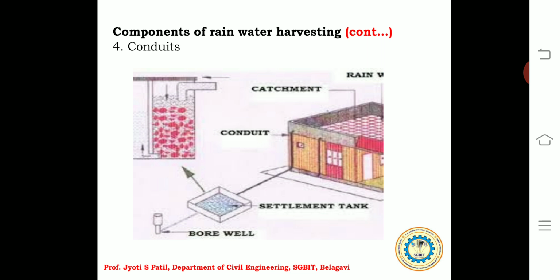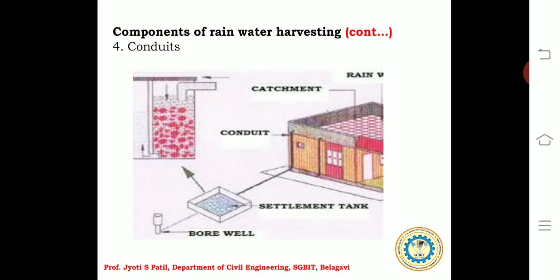Conduits can be of any material like PVC, that is polyvinyl chloride, or galvanized iron, which are commonly available. Sometimes we change the diameter of the pipe with respect to the average rate of rainfall in mm per hour. It has also been mentioned in the National Building Code what the diameter of pipe should be for a given rate of rainfall.